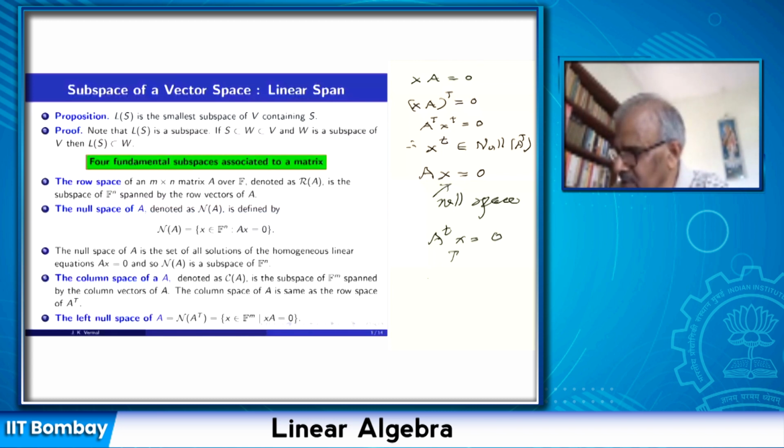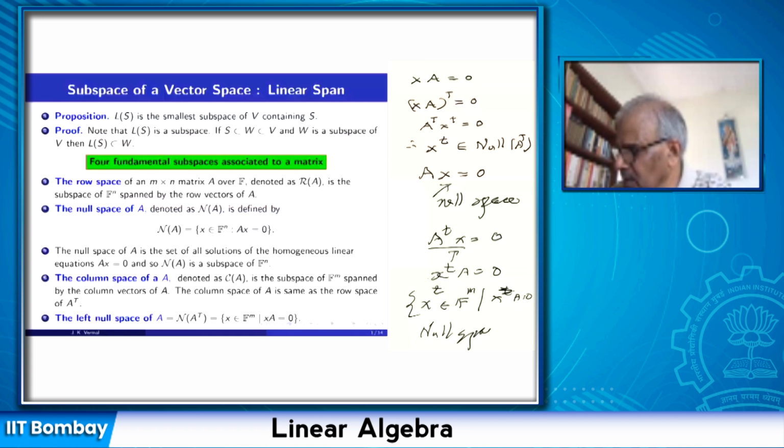This is the same as saying x transpose A equal to 0, and the set of all such row vectors. These are in Fm. And xA equal to 0 gives the null space of A transpose.